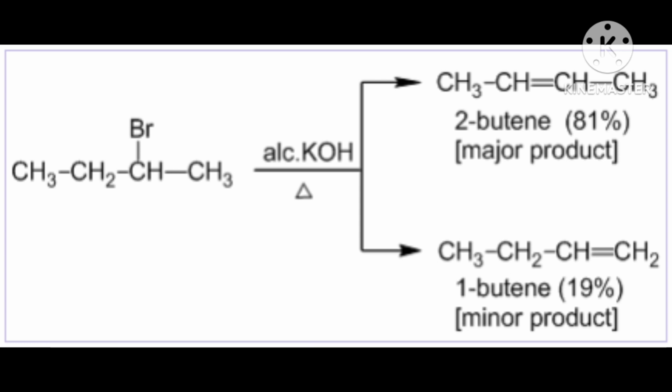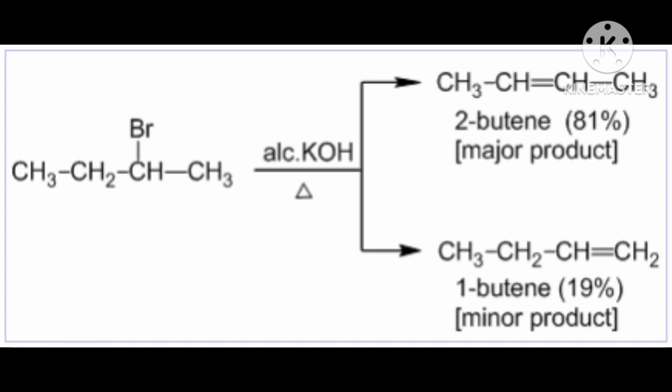In 2-bromopentane, you know that at carbon number 2 bromine will be there. Total 5 carbons are there. In the beginning CH3 and at the end CH3 is there. Then Br is attached to the second carbon. Then that is the beta carbon. In this beta carbon 3 hydrogens are there, CH3.